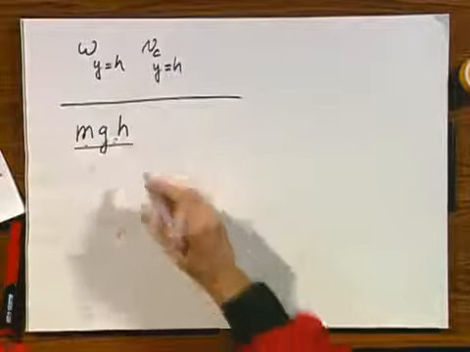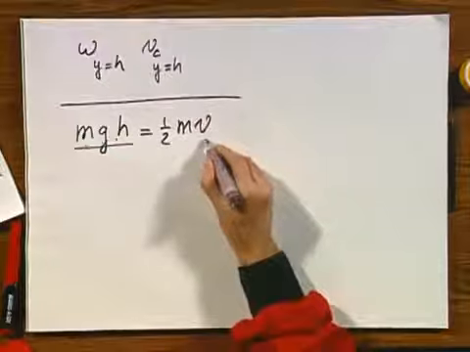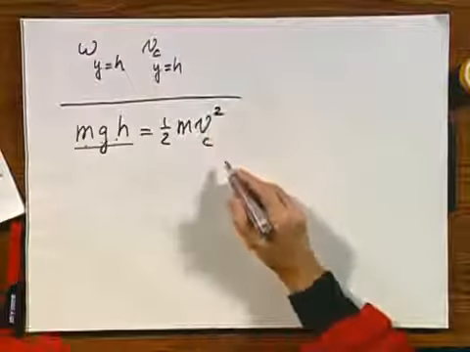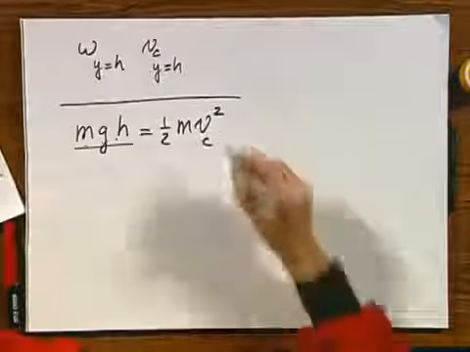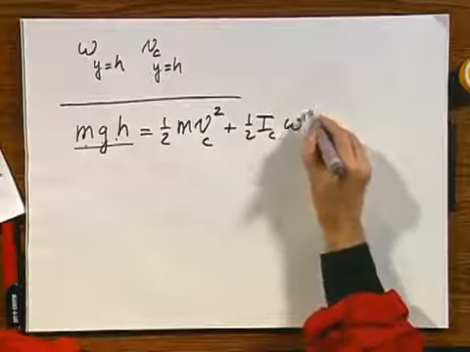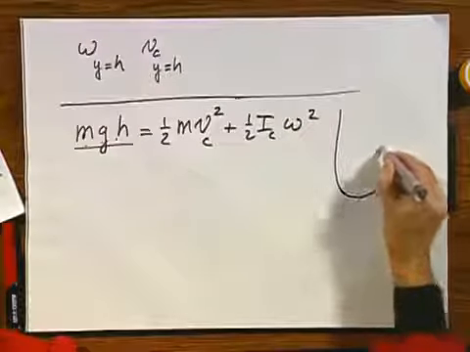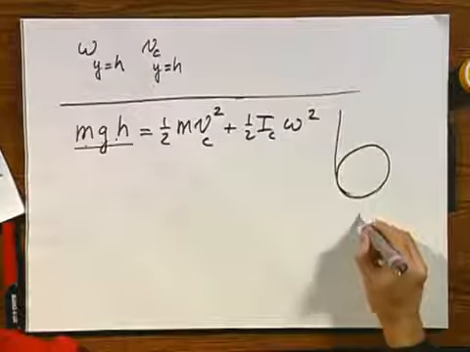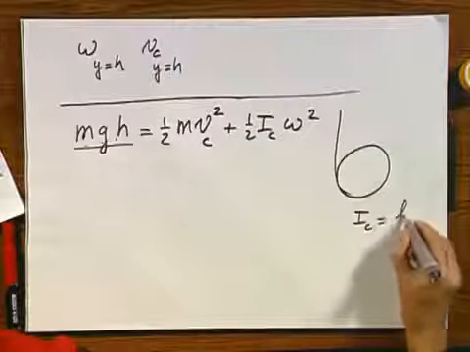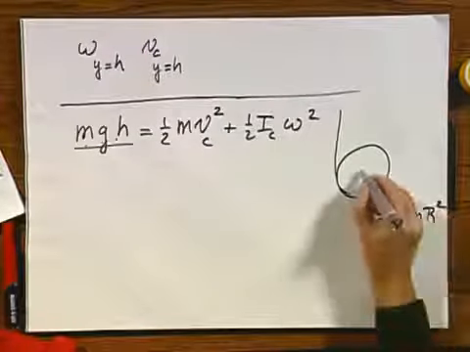That must go into the kinetic energy of the center of mass, which is 1/2 m Vc squared, plus 1/2 I of C times omega squared. So again, this is that previous problem whereby we had I of C equals k m R squared. And this was that point C.